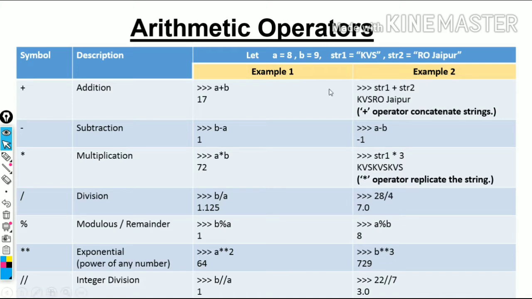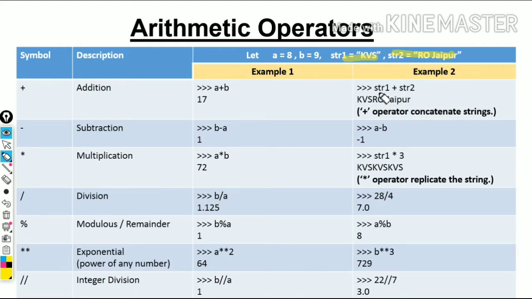In context of string, we are having one variable str1, which contains KVS, and str2 contains RO Jaipur.